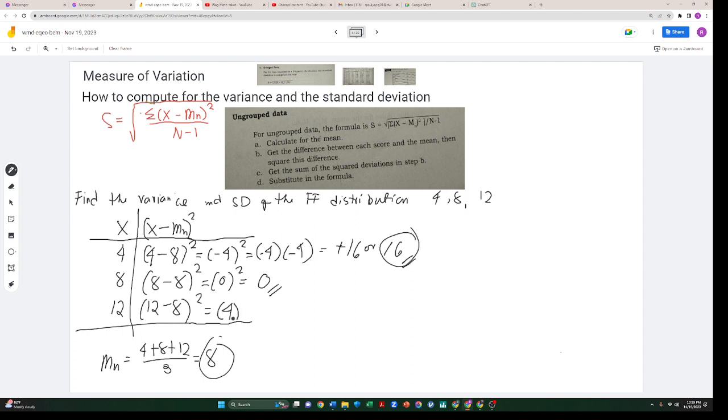So 4 squared, then 4 times 4 which is 16.